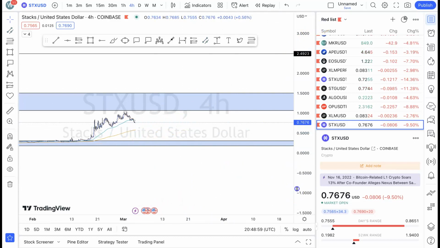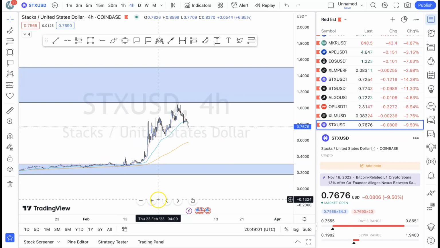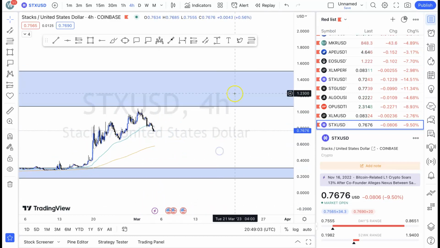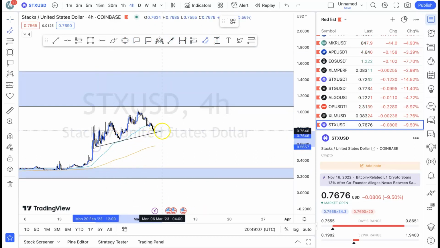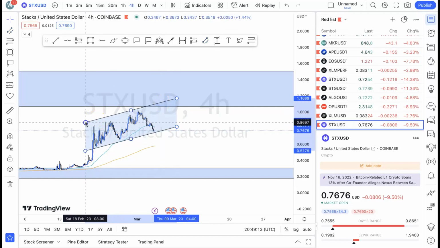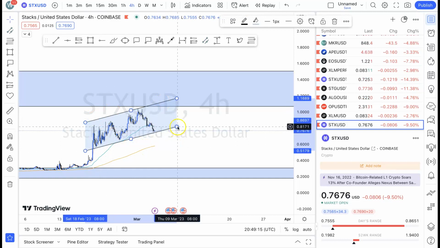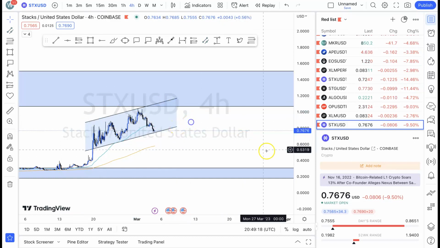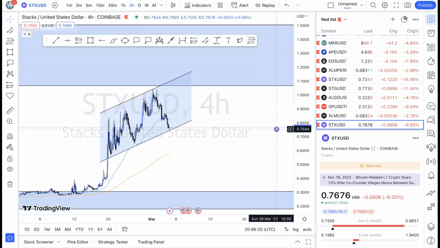Time is fast spent. We're already done like an hour, almost an hour right now. So look at this right there on Stacks. So for a lot of people who trade this, what do you think?